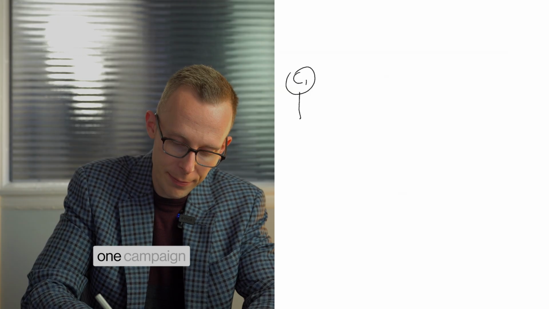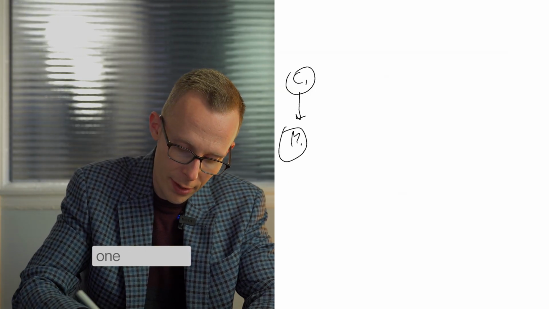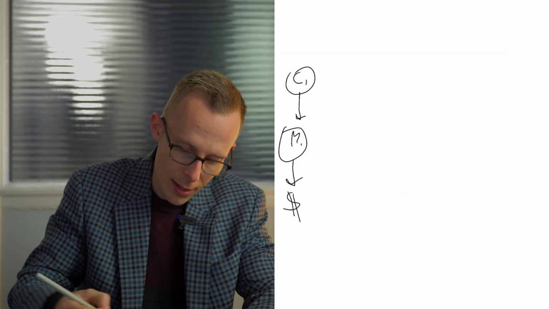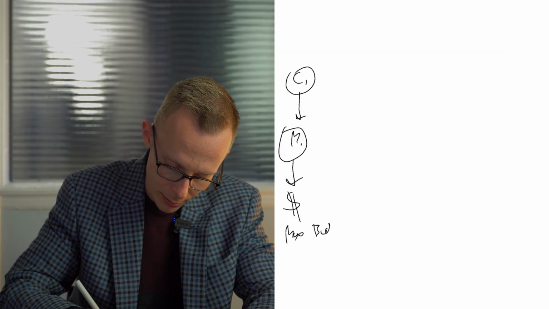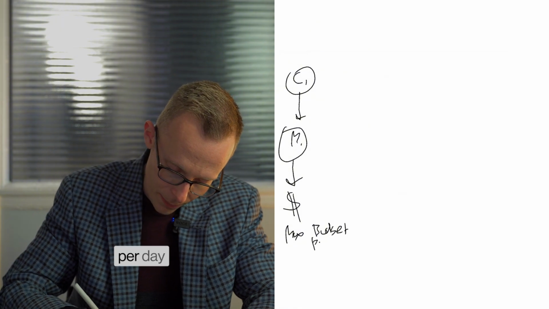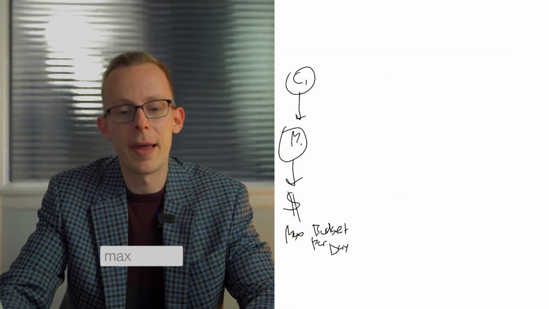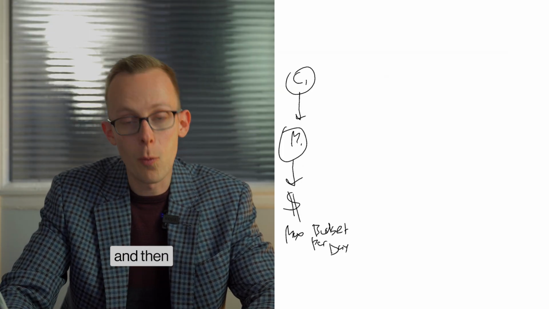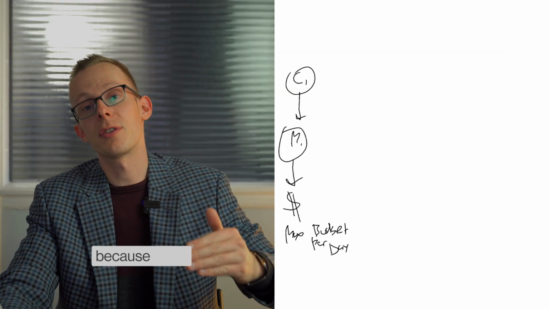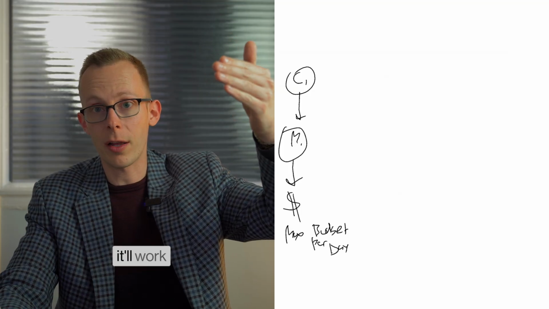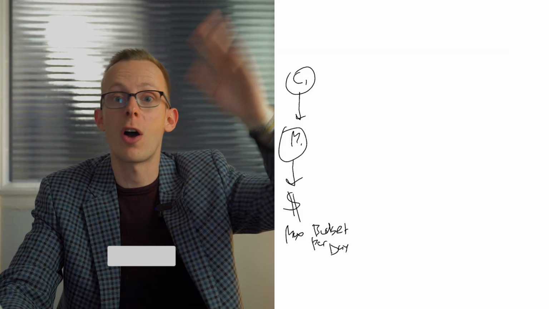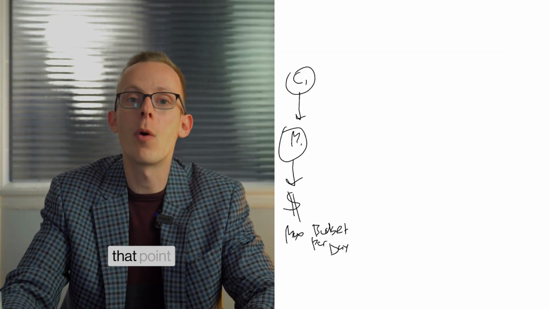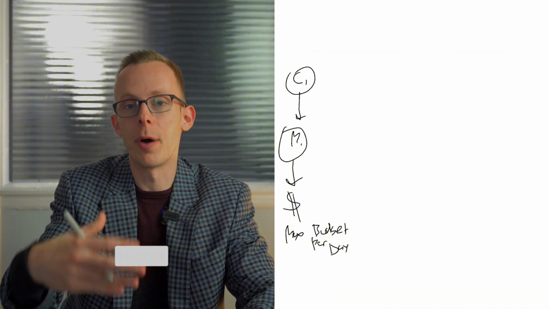So your business will eventually look like this. You'll have one campaign going into market one, extracting money, okay? And then you'll find the max budget per day, okay? And then once you find that max, you'll know because when you scale it one day, it'll work. And then you scale it again, and then all of a sudden the cost per lead starts going way up, or the cost per call starts going way up, okay? At that point, you revert back to the old budget, okay?